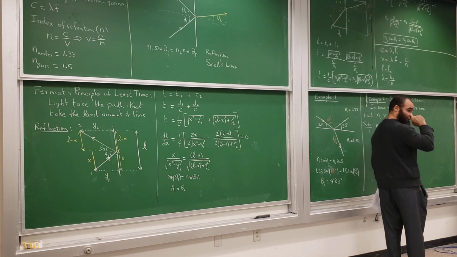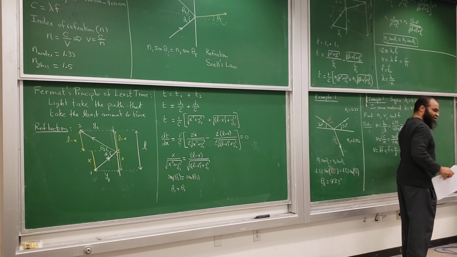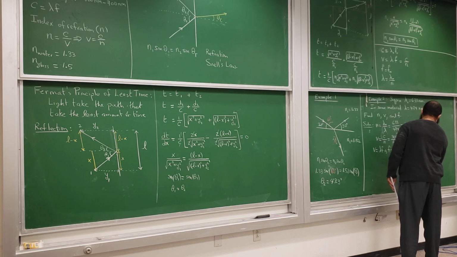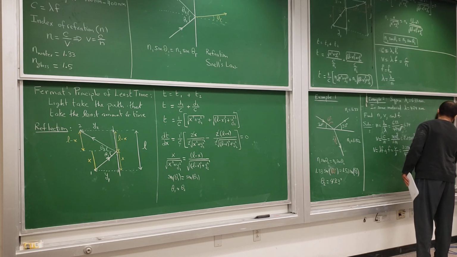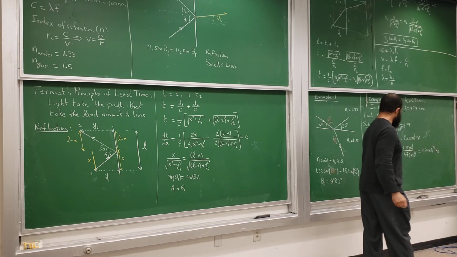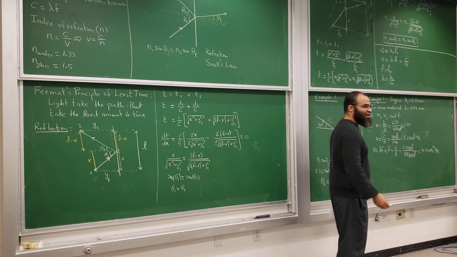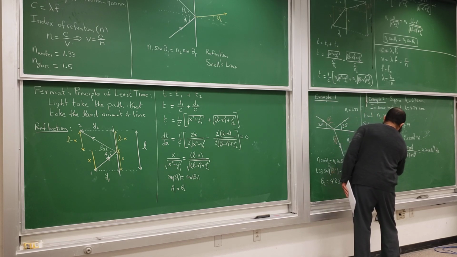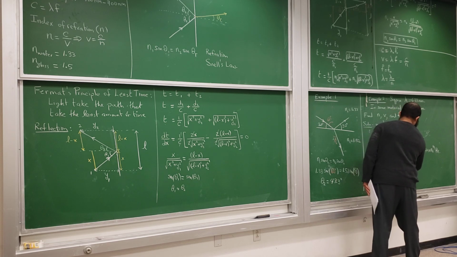Because the speed is in meters per second, and this one needs to be changed from nanometers to meters. That turns out to be 4.74 times 10 to the 14 hertz. And it shouldn't be surprising that you will get the same thing if you do C is lambda naught times F, and F is also C over lambda naught. You will get exactly the same.